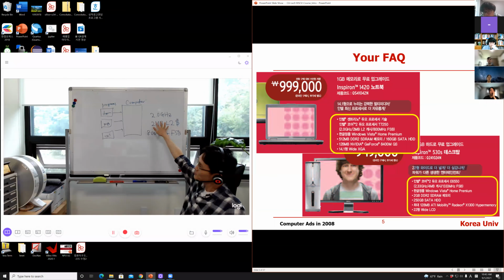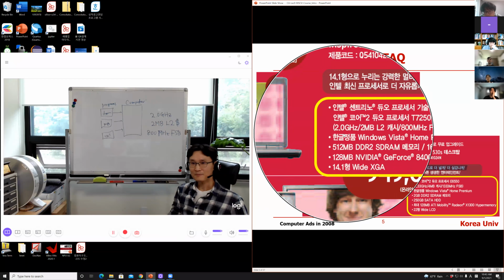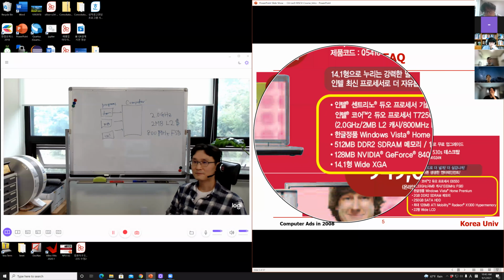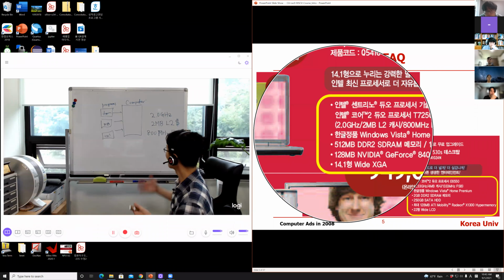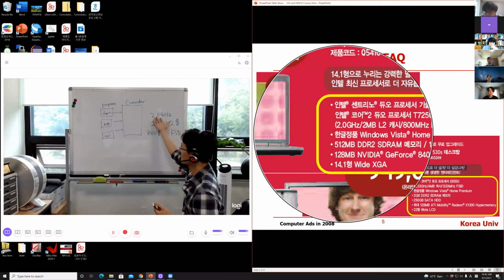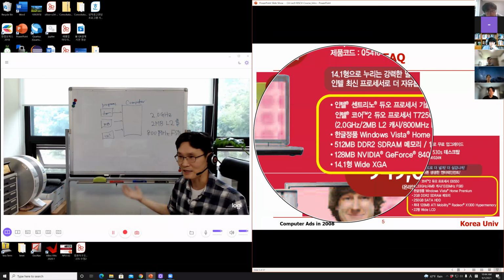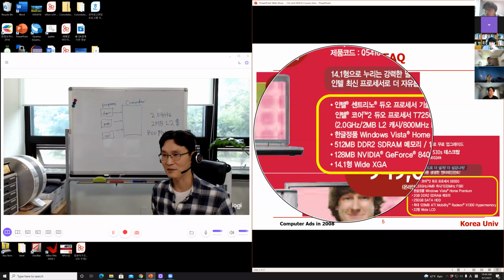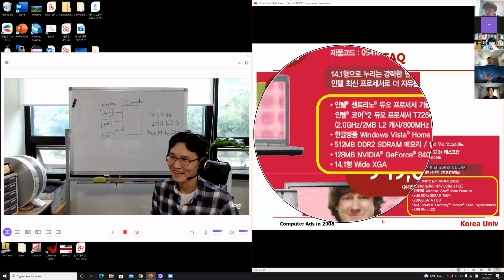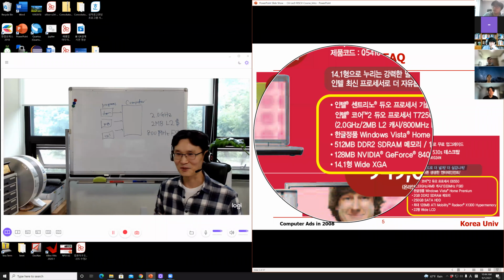This number is called frequency. How fast the CPU is running, right? But you don't know the meaning of this number, yet you think it is a very nice number, nice and attractive and lovely, right? So somehow you purchase a computer.